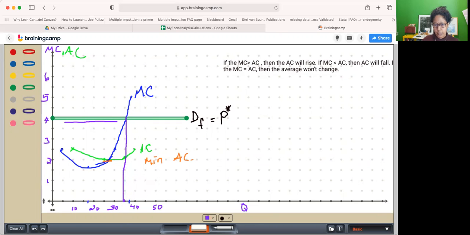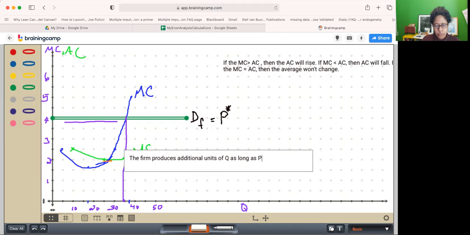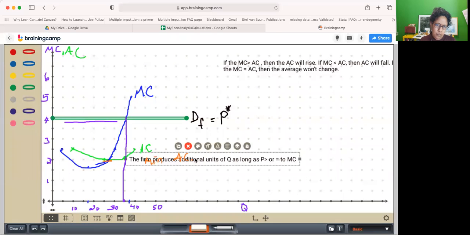And so we're going to note that the firm produces additional units of Q as long as price is greater than or equal to marginal cost.